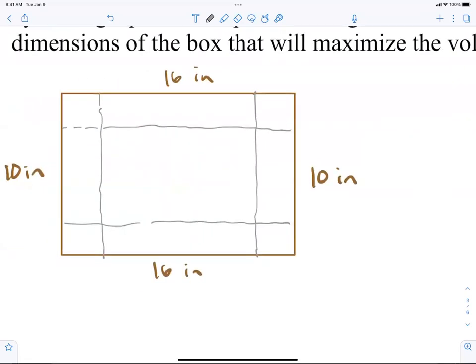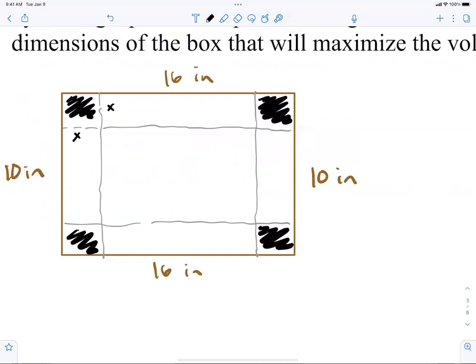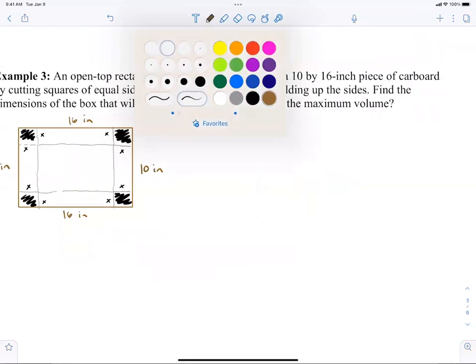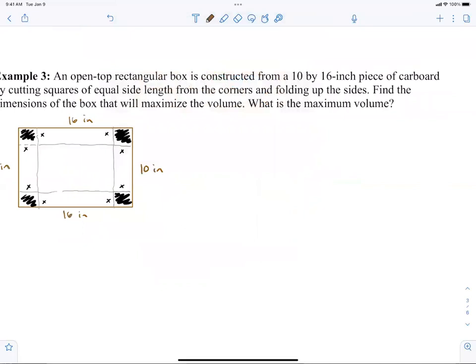So each of these corners gets cut out, and each of these squares is the same size. So I could say x by x, x by x, x by x, x by x. And then we fold up the tabs that are left to create our open top box.